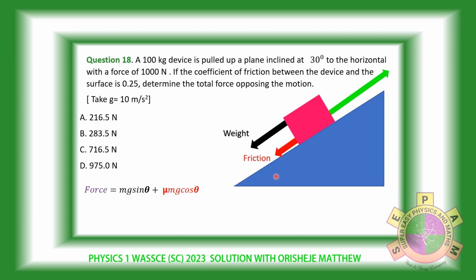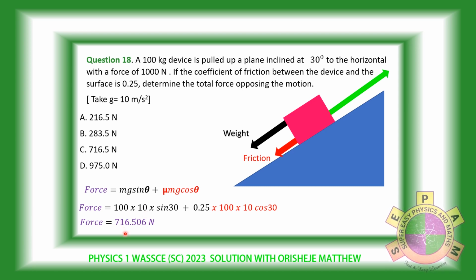So this is the angle of inclination here. So if you substitute your values into that, the total force opposing the motion is 717 approximately. So we have C.